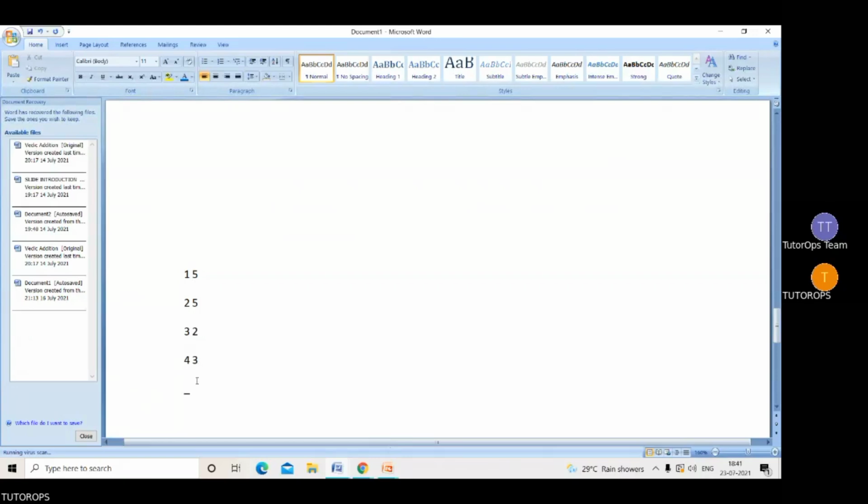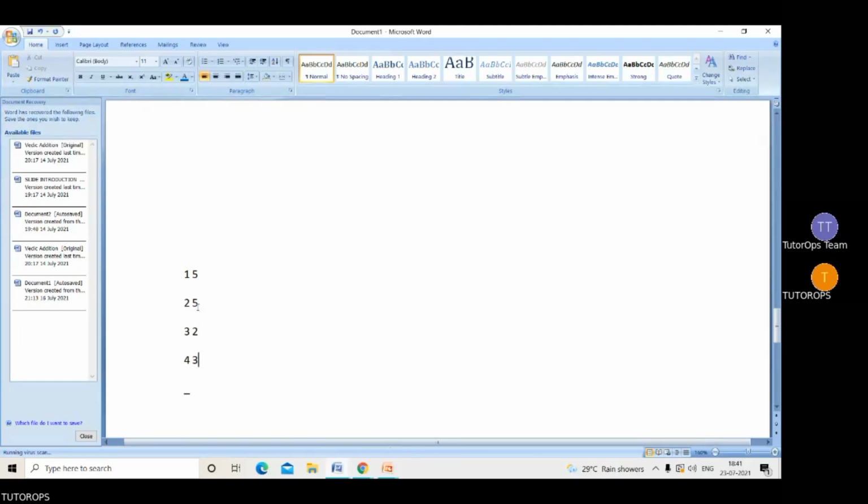We are just breaking the units place and tens place to calculate it faster. Now the unit place of 43 is 3, and 3 will be added to 2. So 3 plus 2 is 5. No question of greater than or equal to 10, so we don't need to carry anything.